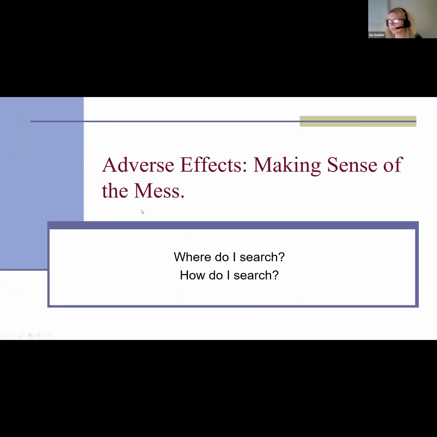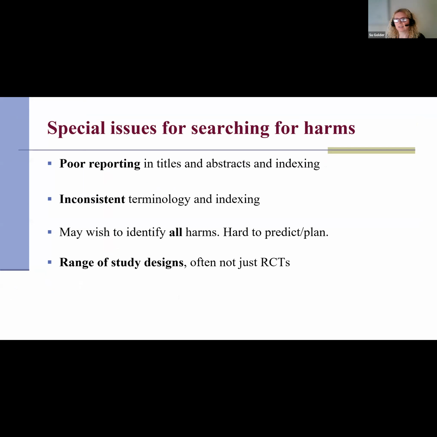So I'm going to be talking now about, assuming that you've decided what you're searching for, what study designs, and what adverse events you're searching for, how you search and where you search. I don't mean to be negative, but there are some special issues with searching for harms. I think Yoon's already touched on this indirectly.